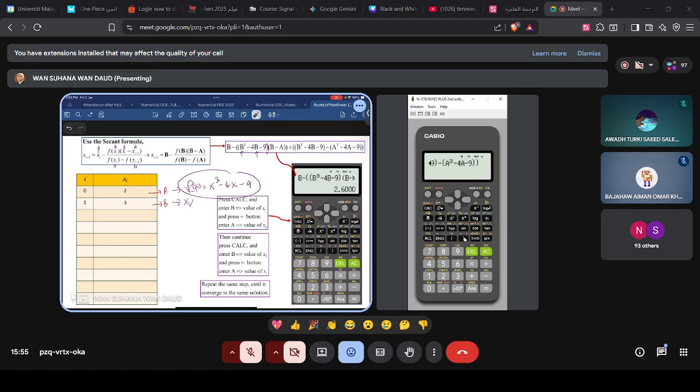Now you have already entered this in your calculator, which is actually equal to this.